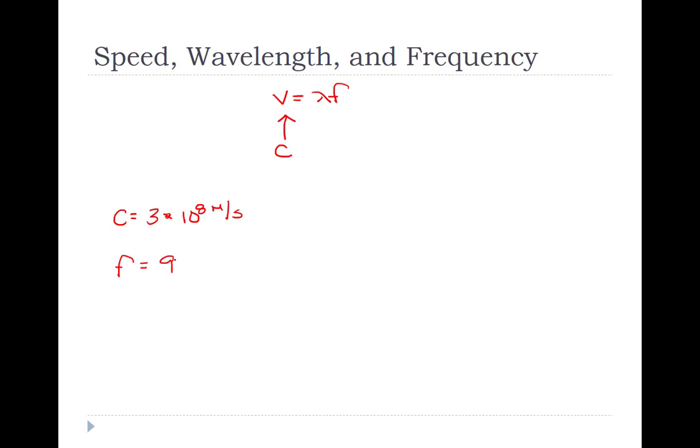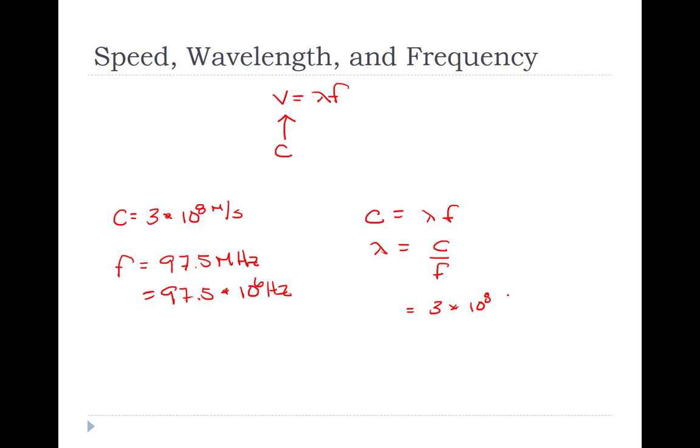We can pick on one of our local radio stations at 97.5 megahertz. And remember, mega stands for times 10 to the 6th hertz. Given this information, we can calculate the wavelength of this radio station. So c equals lambda f, which means the wavelength, lambda, is the speed divided by the frequency, or 3 times 10 to the 8th meters per second, divided by 97.5 times 10 to the 6th hertz.